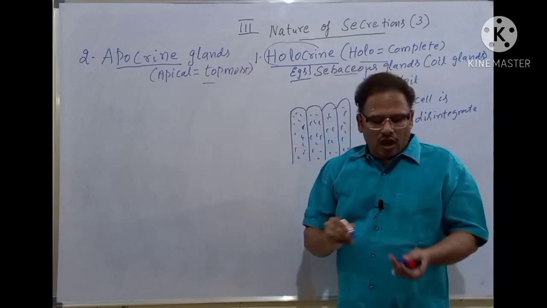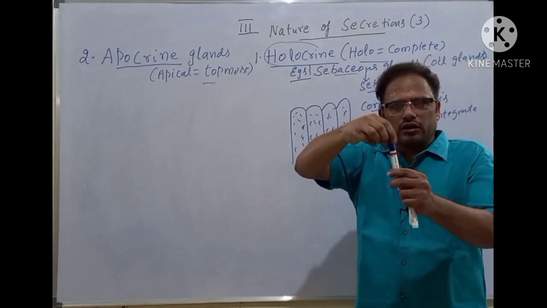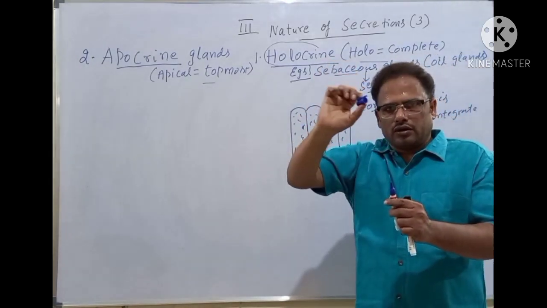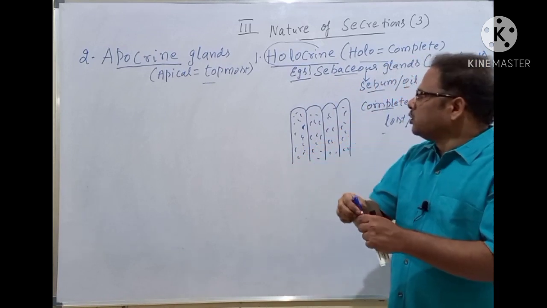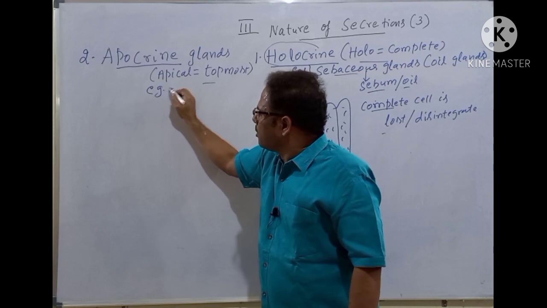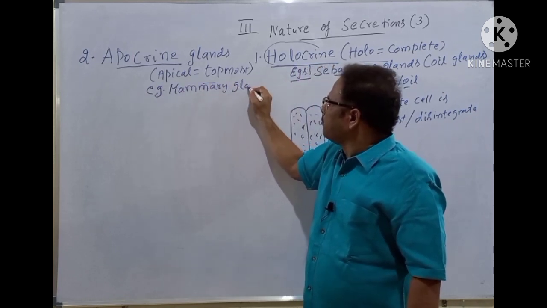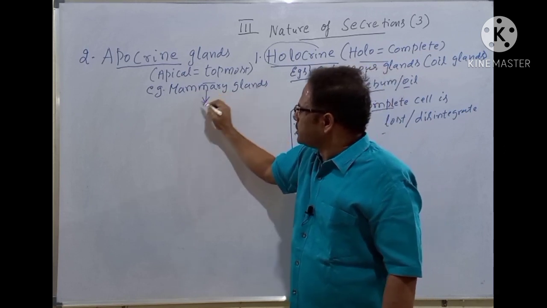Topmost part or upper part is called the apical part. For example, this cap is the apical part. So during the secretion, I will explain with examples. Example is mammary glands. Mammary glands secrete the milk.